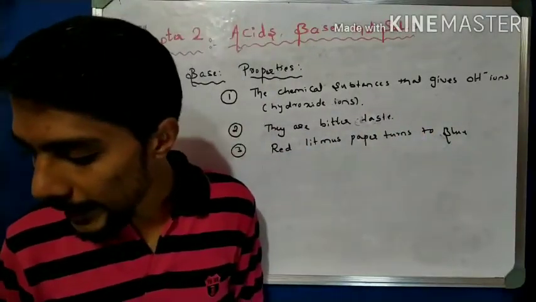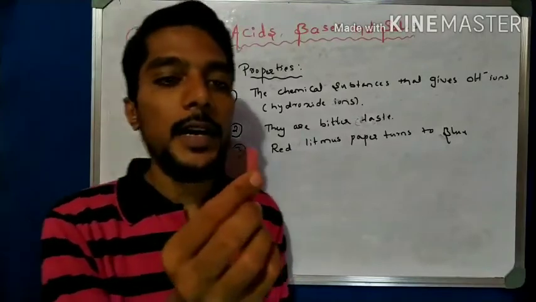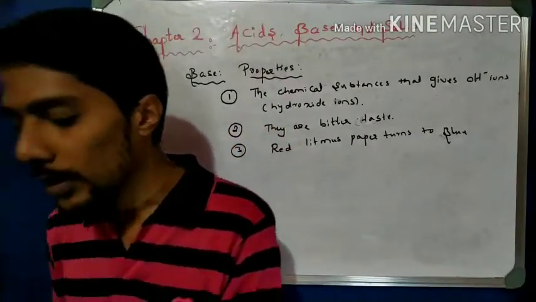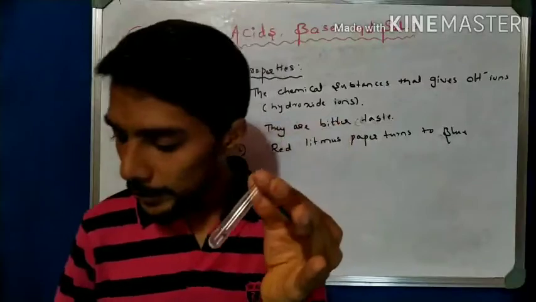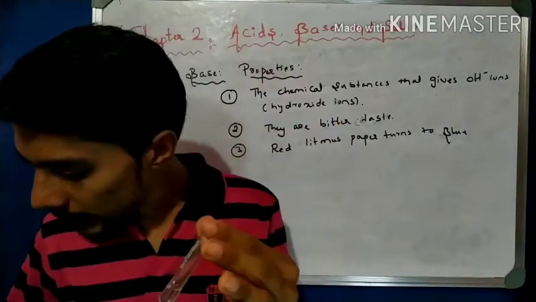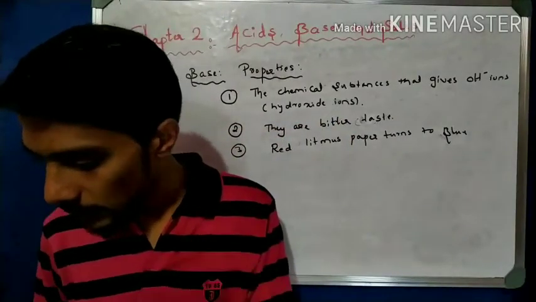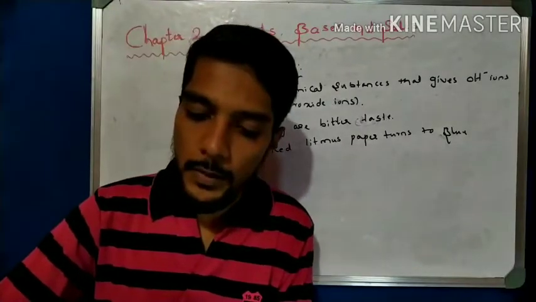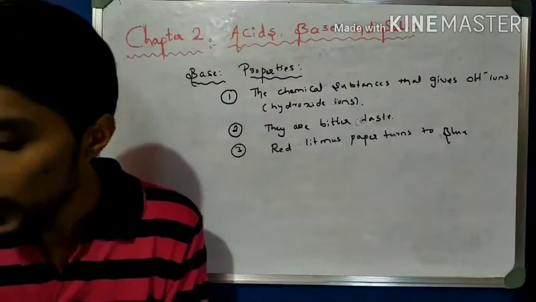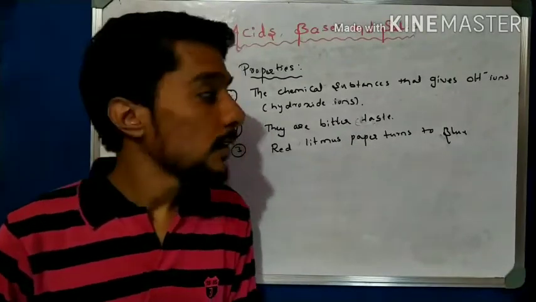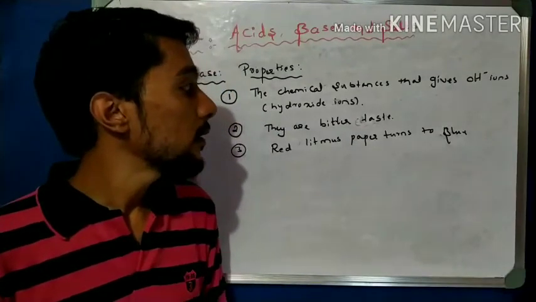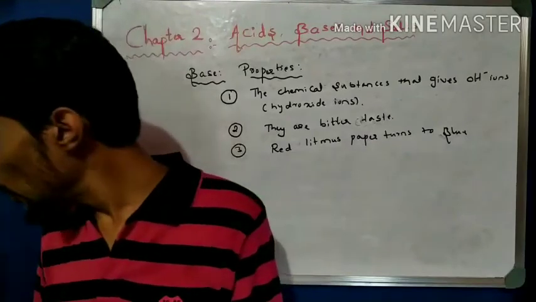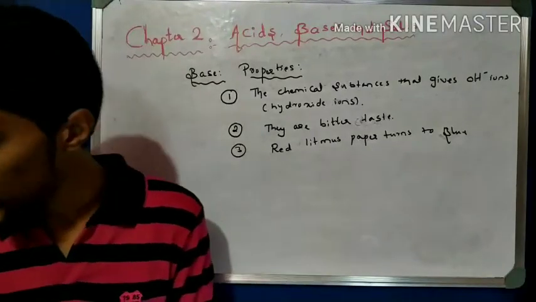So I take red litmus paper here, and I take one base, that is potassium hydroxide. So I wash this one time. Now I check the base. This statement says that the base turns red litmus paper to blue. So let us check this by the activity.